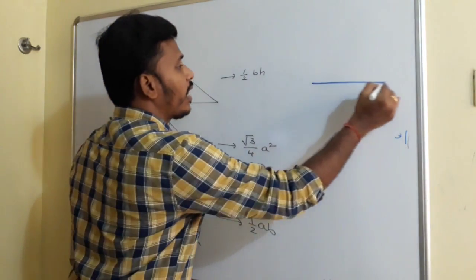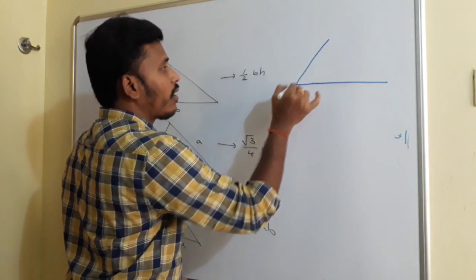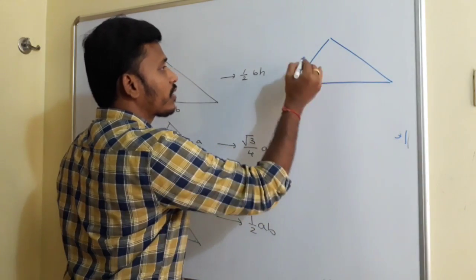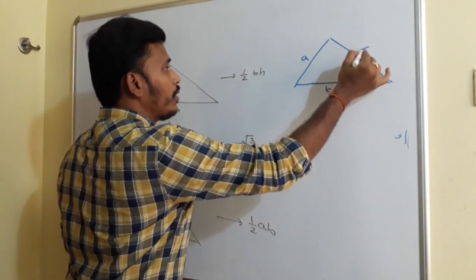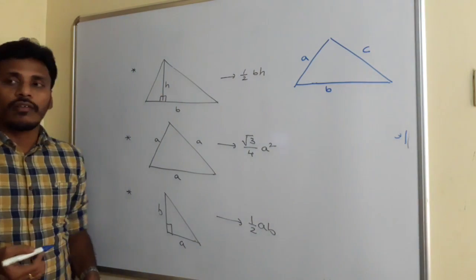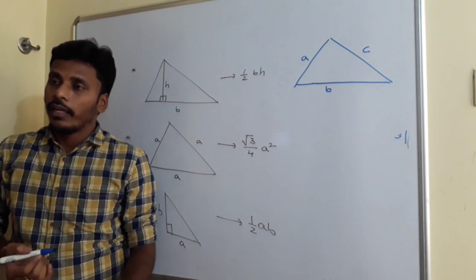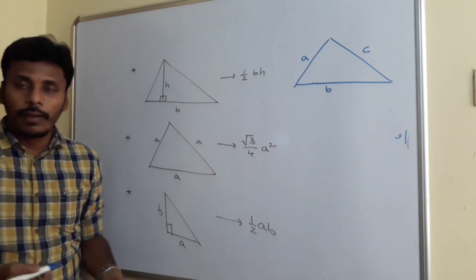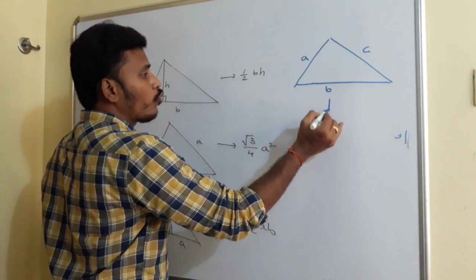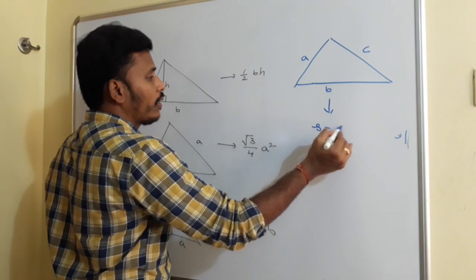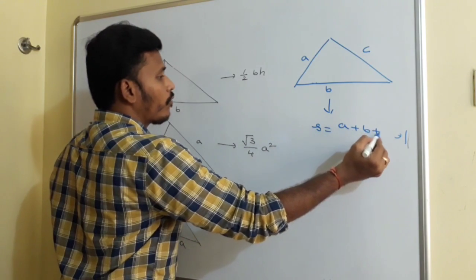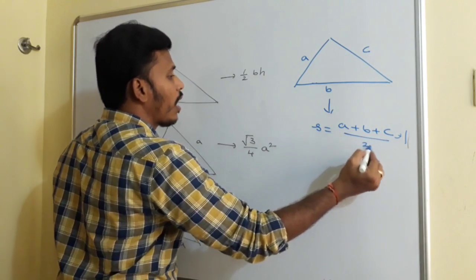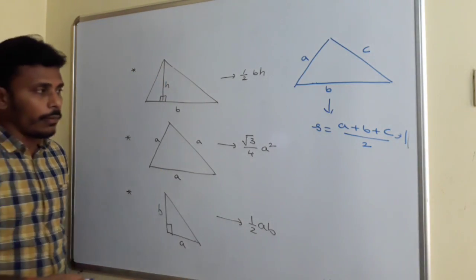And you have another kind, usually called a scalene triangle. If you have a scalene triangle with sides A, B, C, what is the area of the triangle? The area of a scalene triangle is given by Heron's formula, and to apply that you need to calculate the semi-perimeter. A plus B plus C, the sum of the sides, is the perimeter and its half is the semi-perimeter.